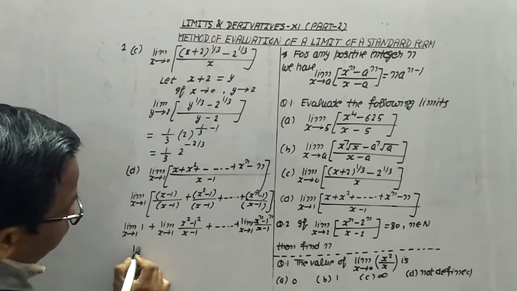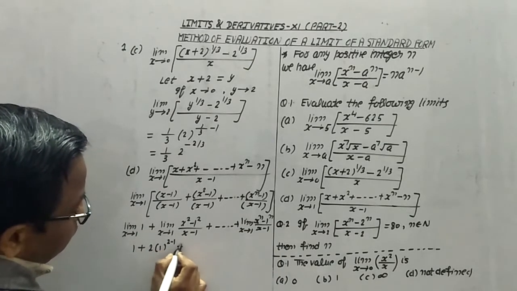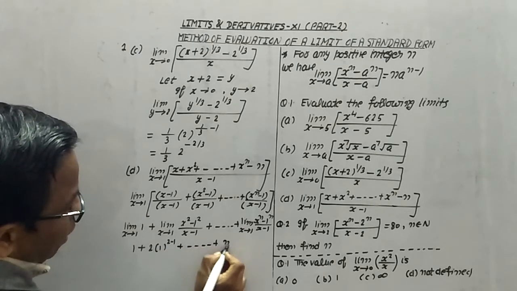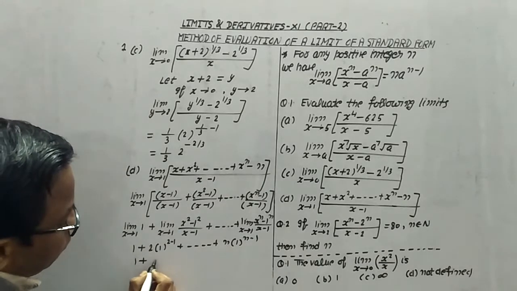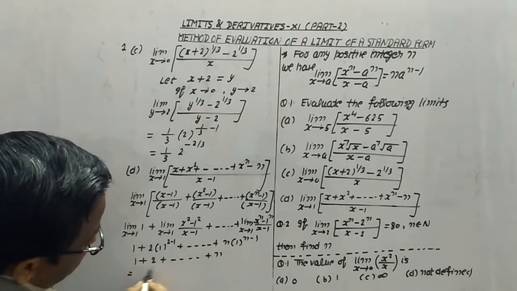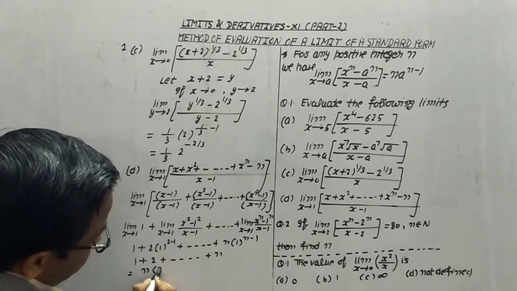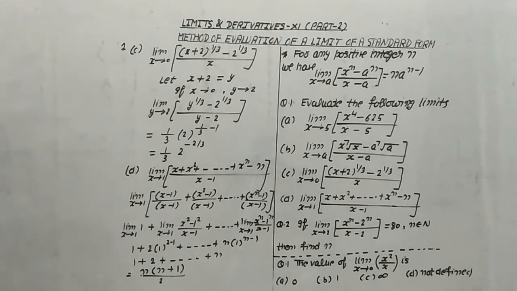Now the first is already 1, and the others are n times a^(n-1). It means this becomes 1, 2, and so on, plus n. This is an AP, and the sum is n(n+1)/2. This is the answer for this part.